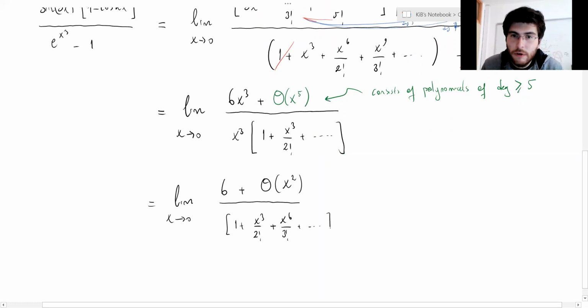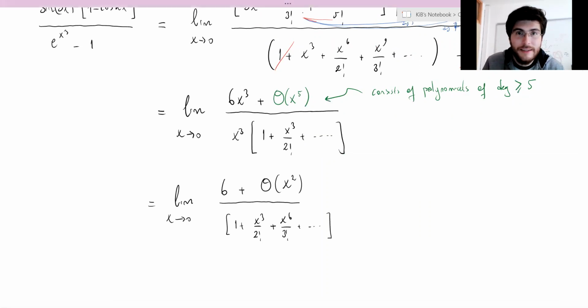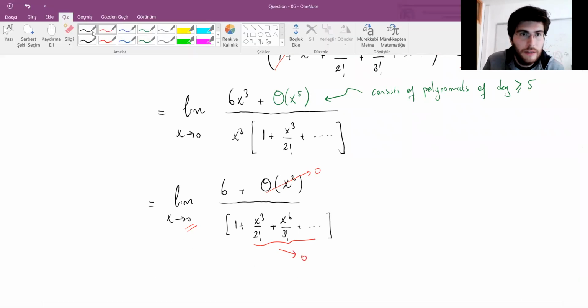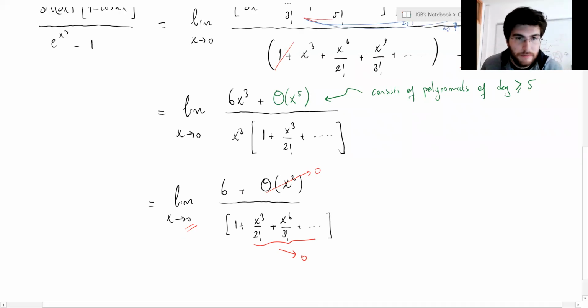All others involve x. And here, by the previous trick, as x approaches 0, this part approaches 0, since all terms over here consist of x. Therefore, everything approaches 0 as x approaches 0, so the result would be 6.